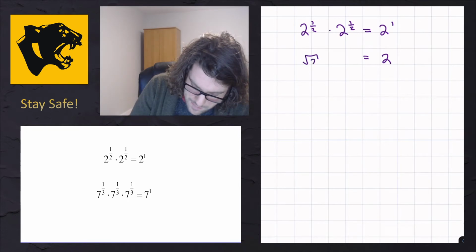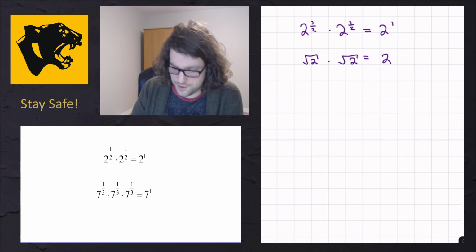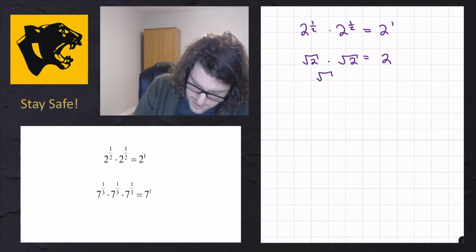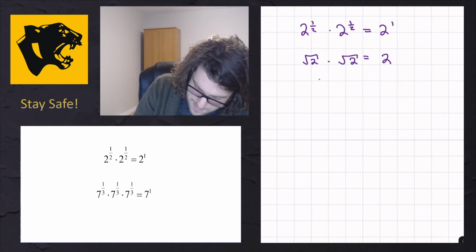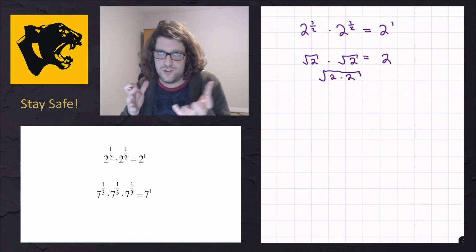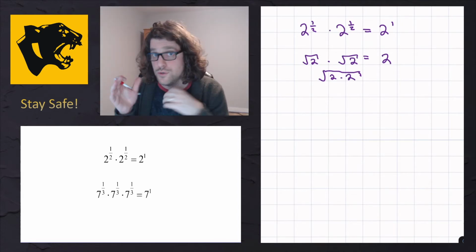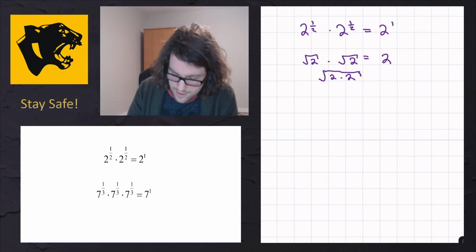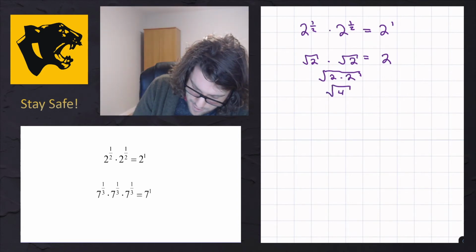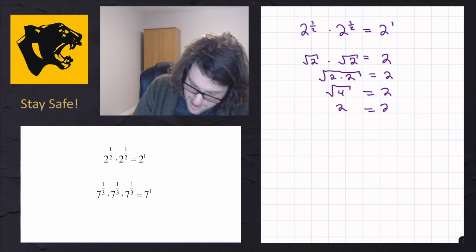So we know that this would be true. And if you're unsure of that, from the last video, we talked about how that would be the same thing as root 2 times 2, the root of 2 times 2 under a single radical, which would be the root of 4, which gives you 2. So all that is just the same thing.